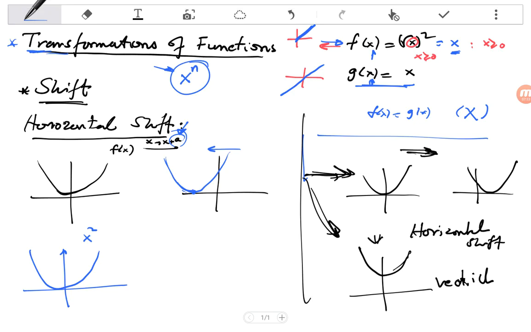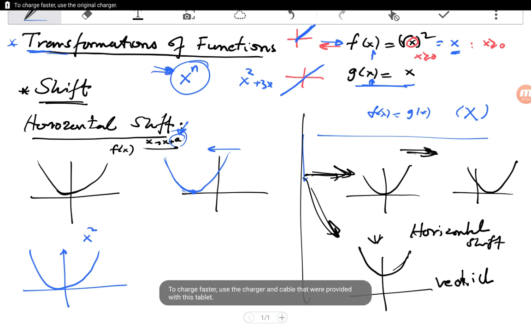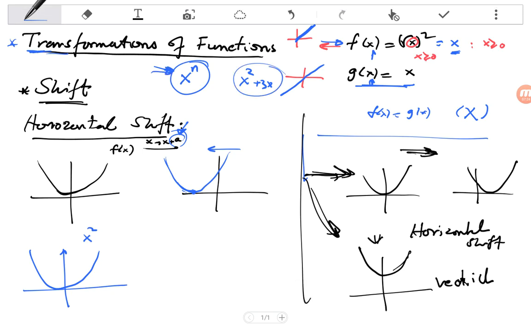We need a more basic definition. I'm not telling you x squared plus 3x. We have just built a polynomial from these functions. We called a polynomial the linear combination of power functions. If we say x power n, they are called power functions. Now, this is a function which is easy to graph, which is x squared.